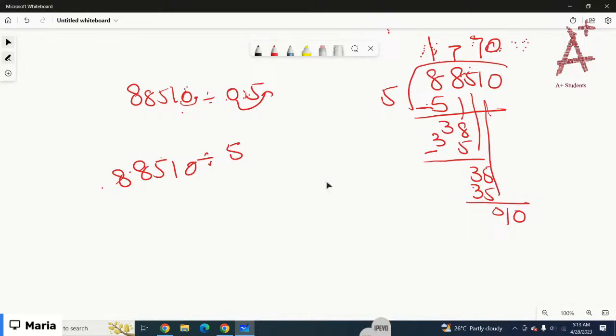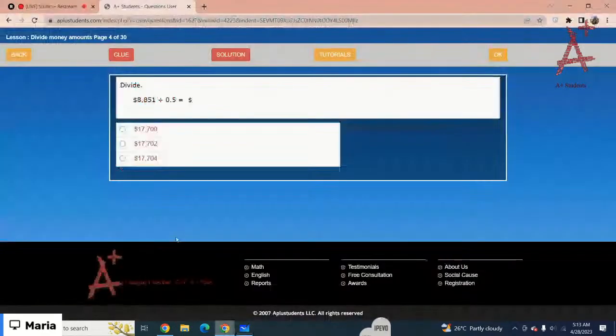You can do 5 times 2 is 10. So 10 minus 10 is 0. So it would be 17,702. Option number 2 is the correct option.